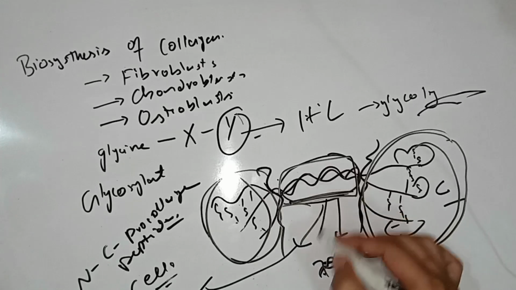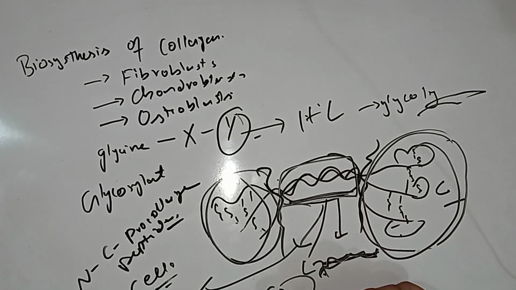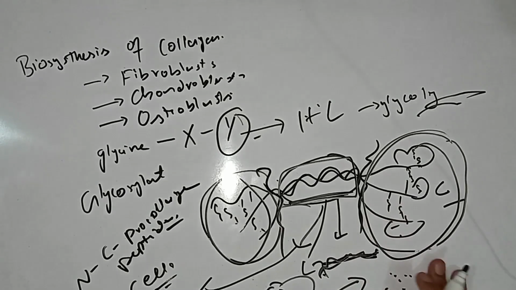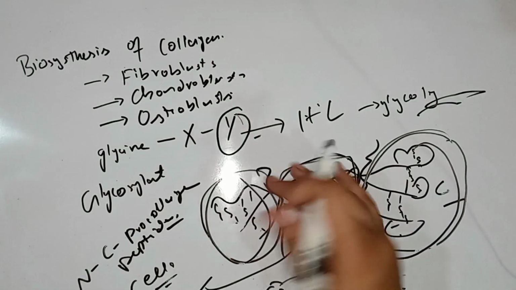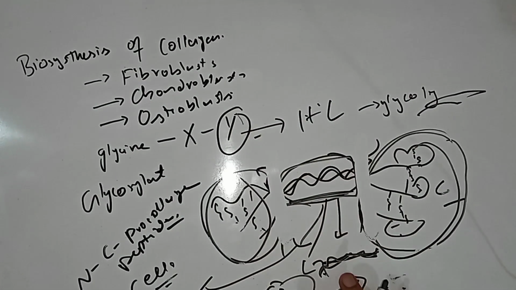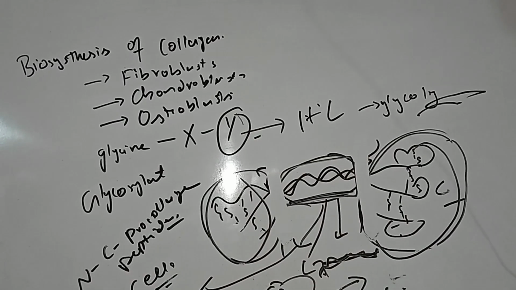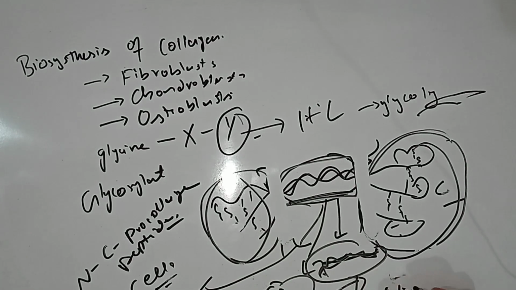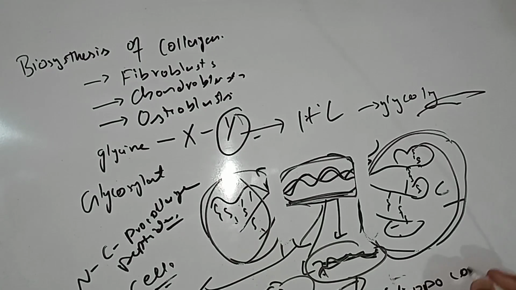Then it was packed into vesicles, and these vesicles were released outside the cell by the Golgi apparatus, and outside the cell these C and N terminal extra peptides were cleaved, and a collagen molecule was released here. This cleavage reaction occurred by N and C procollagen peptidases. So this structure formed is called the tropocollagen molecule.